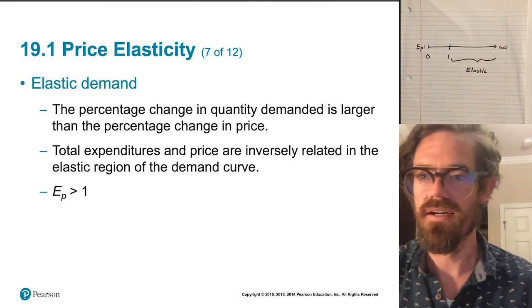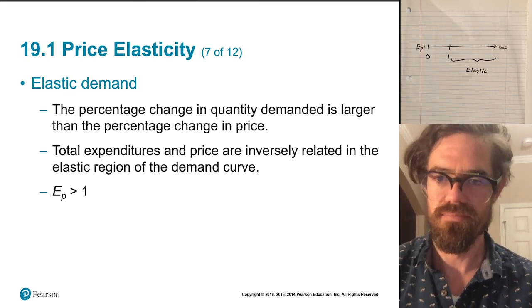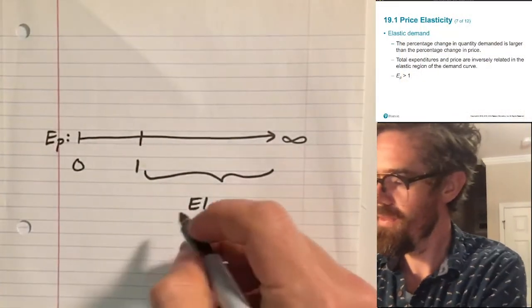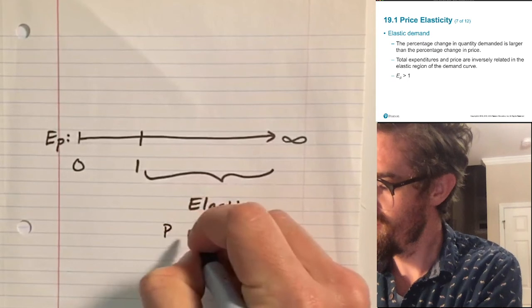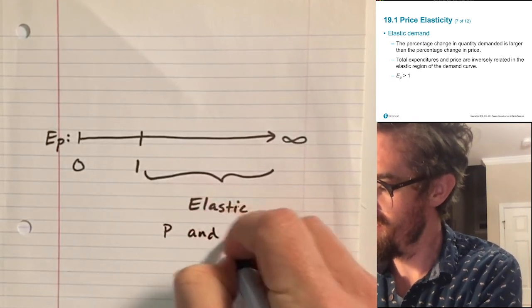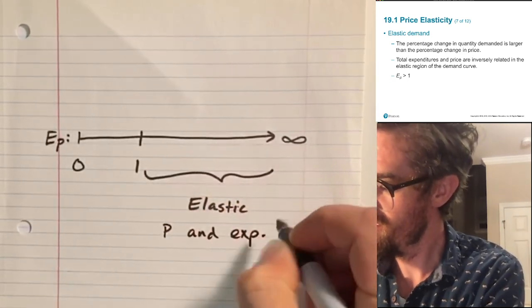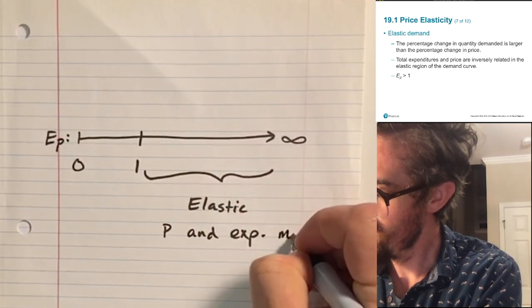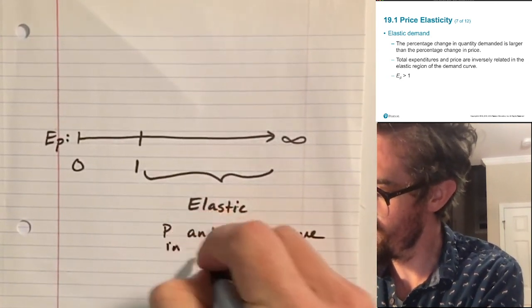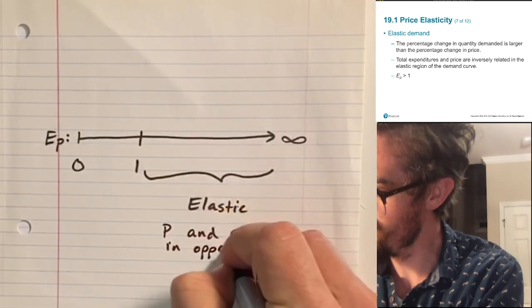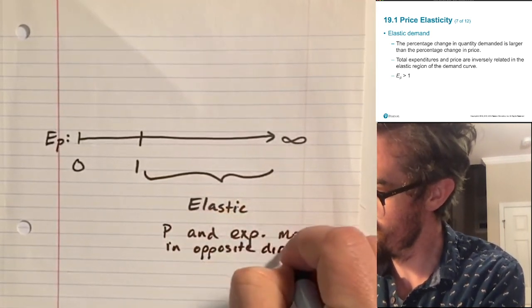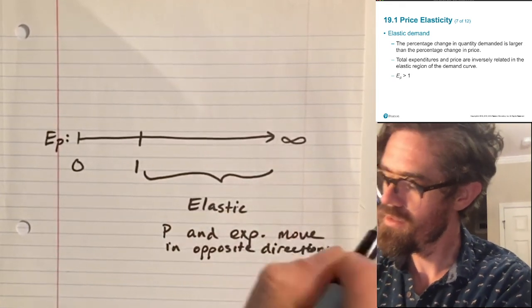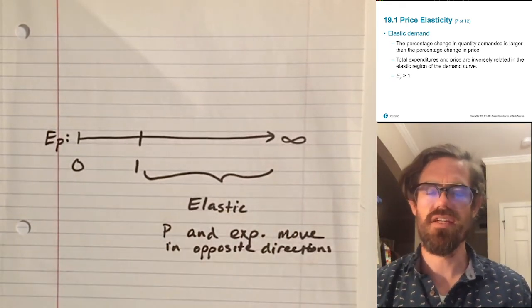Okay, so when demand is elastic, price and expenditure move in opposite directions. Okay, so that's what that means.